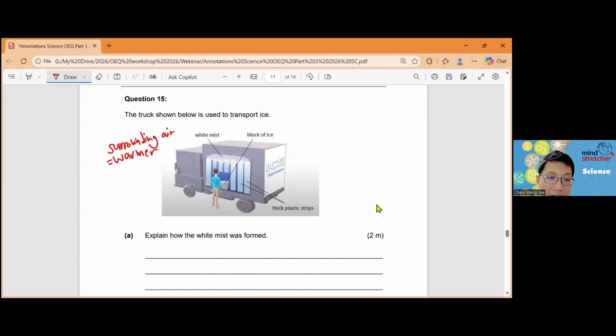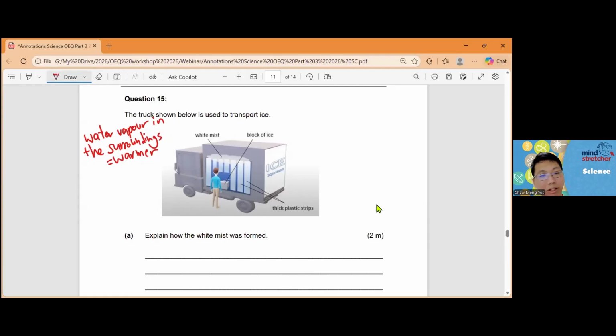Not just the surrounding air, right? The warmer water vapor in the surroundings. Let me change this from the surrounding air to water vapor in the surroundings, that is warmer.